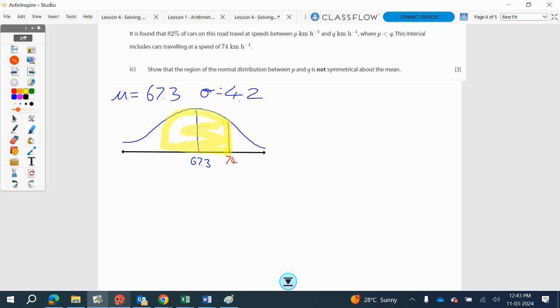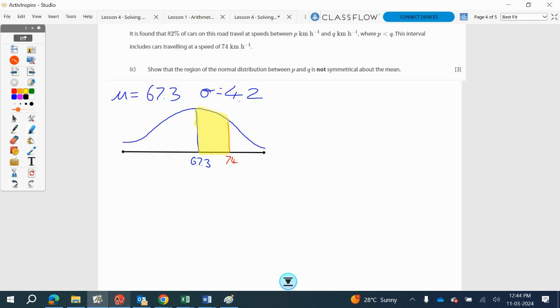Now if it's symmetrical around the mean, then there's enough space here to bring it down far enough. So what you need to know is how big is this? What's the smallest value that area can have in order to still make 82% around the mean?